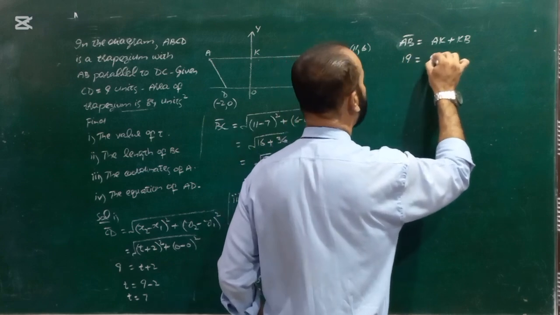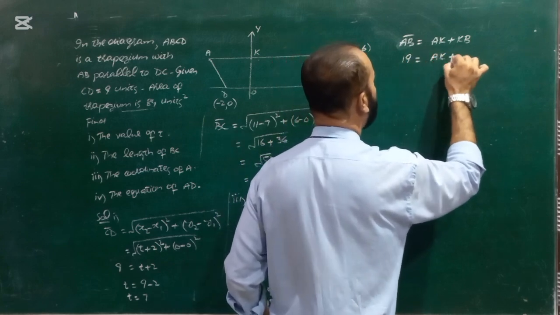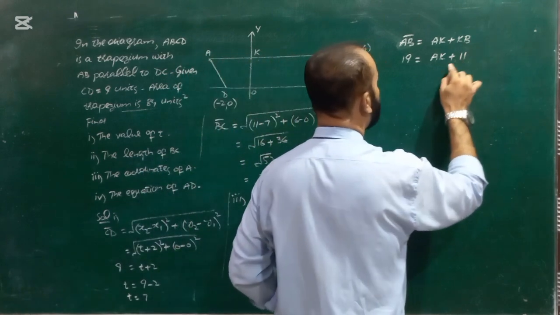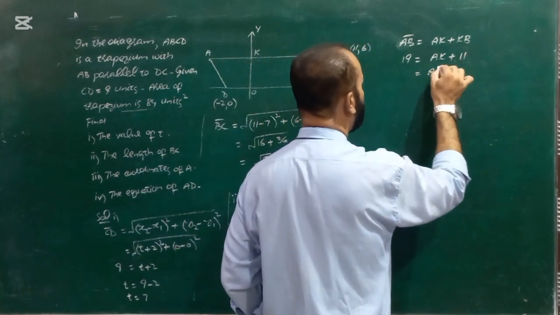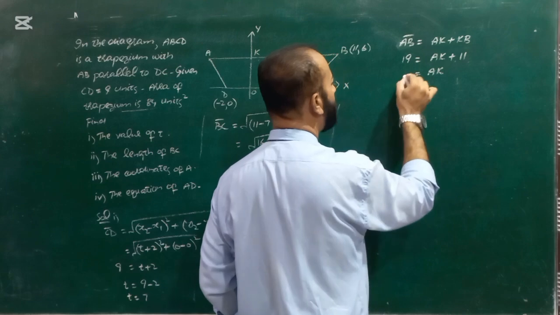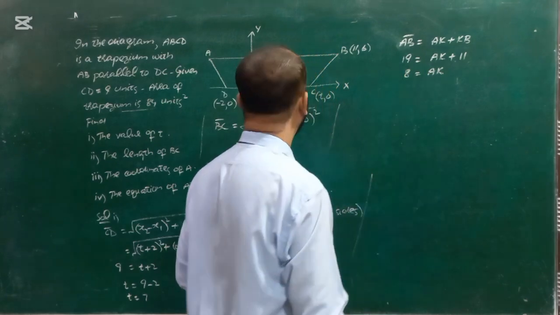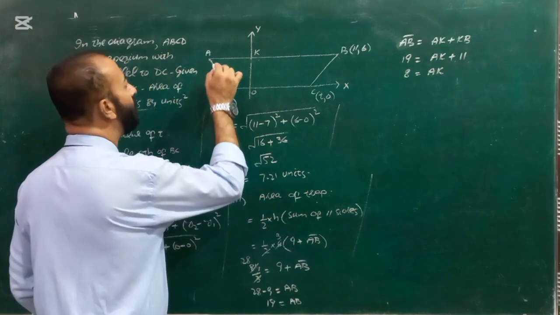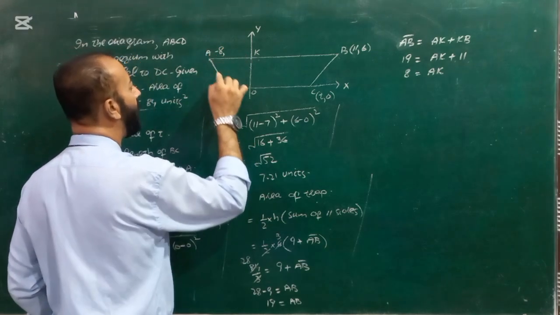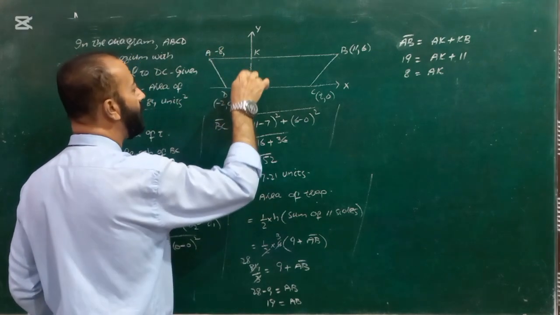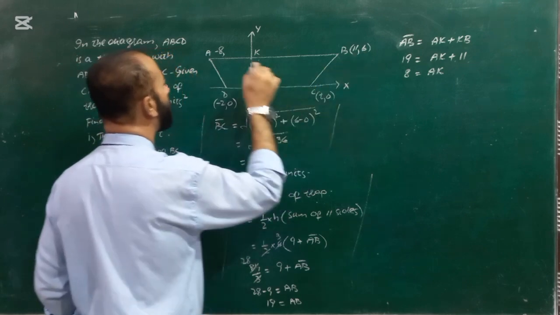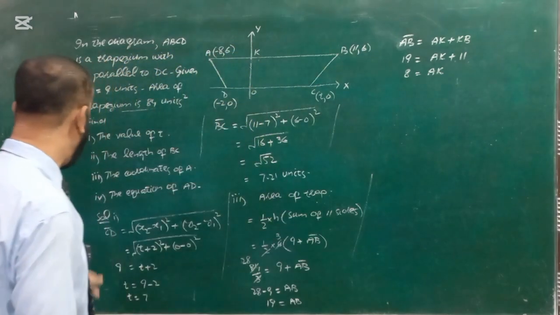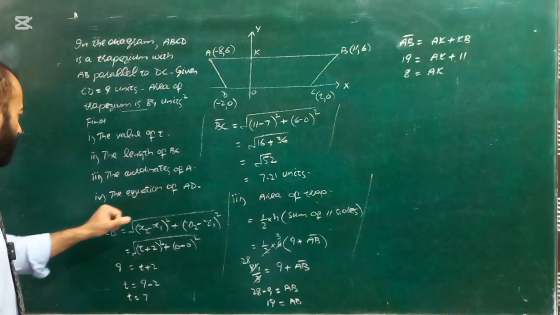AK is the requirement, and KB is given, that is 11. So AK will be equal to 19 minus 11 will be 8. But because this is in the negative side, it will be minus 8. And y is the vertical component, that will be 6. So actually these are the coordinates of A. So now the third part is done.